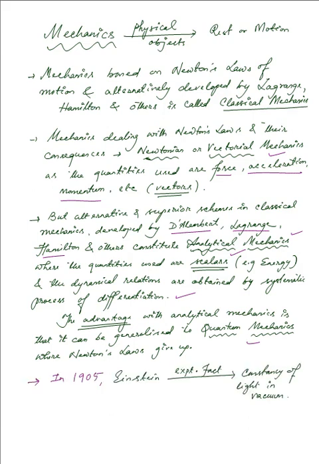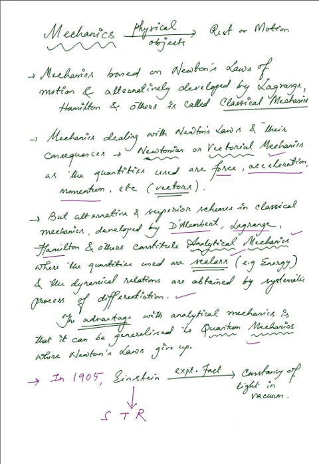Now, in 1905, when Einstein gave the experimental facts related to the constancy of the speed of light in vacuum, he proposed the special theory of relativity, popularly known as the STR, which modifies the classical ideas of space and time and deals with all particle speeds.